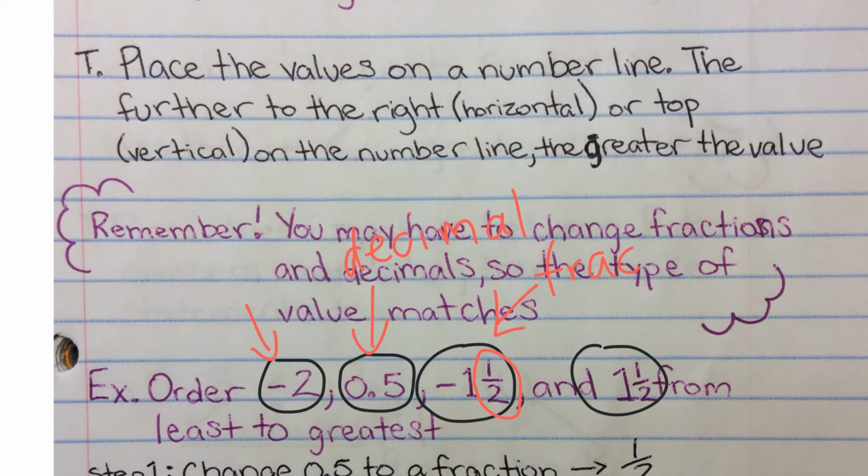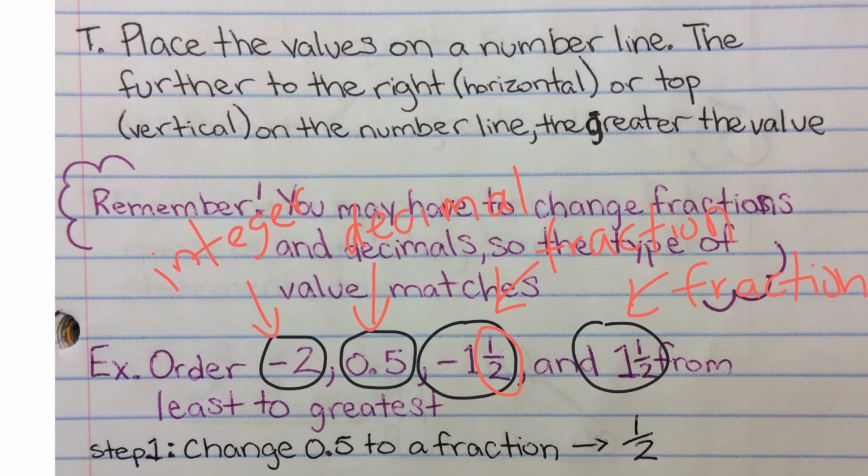So we're working with a fraction here, and 1.5 is a mixed number, so it means we're working with a fraction. Okay? Since we have an integer here, which we don't have to change, but then we have our decimal, fraction, and fraction. Since there are 2 fractions, why don't we go ahead and change the decimal to a fraction?